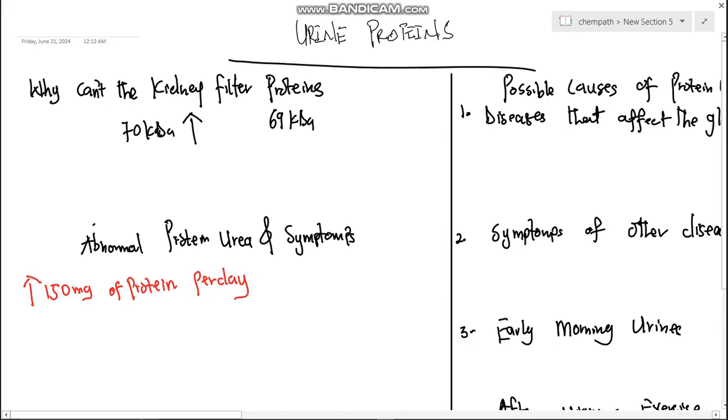Now, abnormal proteinuria and its symptoms. We can say that a person has an abnormal proteinuria when a person excretes about 150 milligrams and above of protein per day.